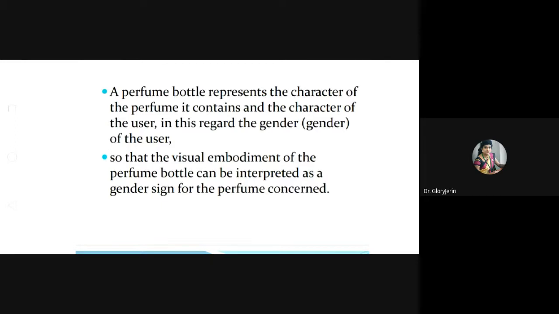It regards the gender of the user, so the visual embodiment of the perfume bottle can be interpreted as a gender sign for the perfume concerned.